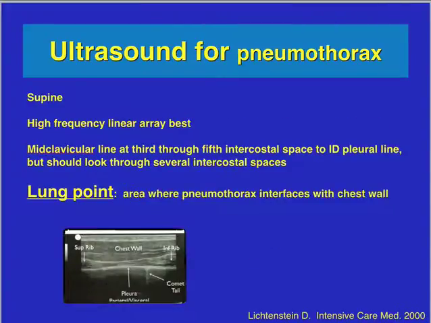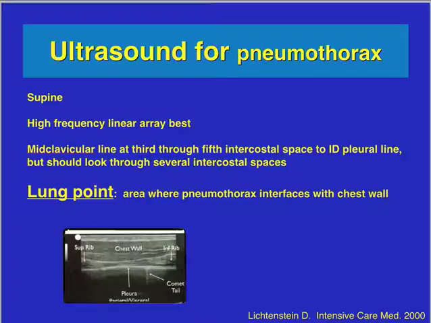So how do we evaluate for pneumothorax using ultrasound? Well, the patients usually should be laying supine. If you're looking for small apical pneumothoraces and the patient can tolerate it, you can have them sit up. For the best view of the pleura, the high-frequency linear array probe or vascular probe is the best.